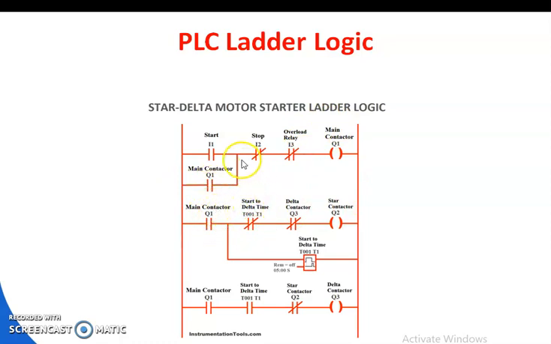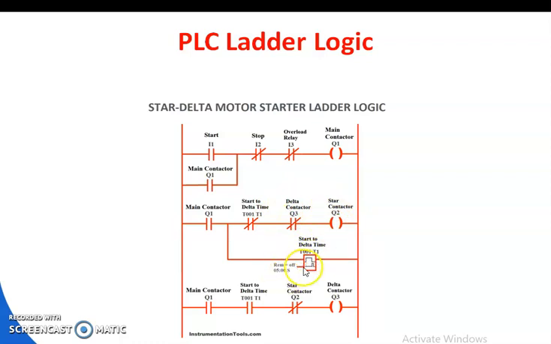This is the start terminal represented by I1, the stop terminal represented by I2, the overload relay terminal represented by I3, and the main contactor represented by Q1. Similarly, there is another contactor, and the star to delta time is T001 T1, delta contactor Q3, star contactor Q2.